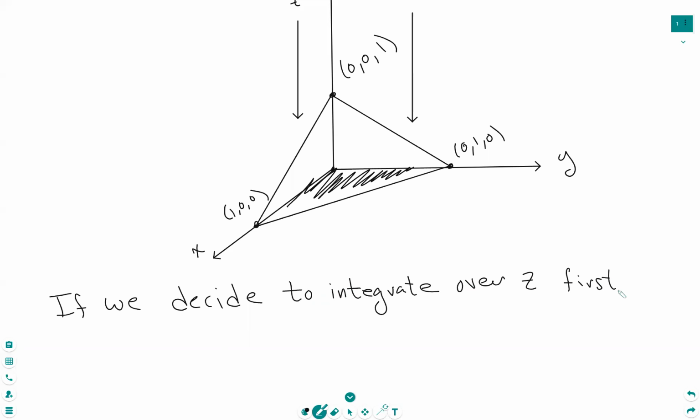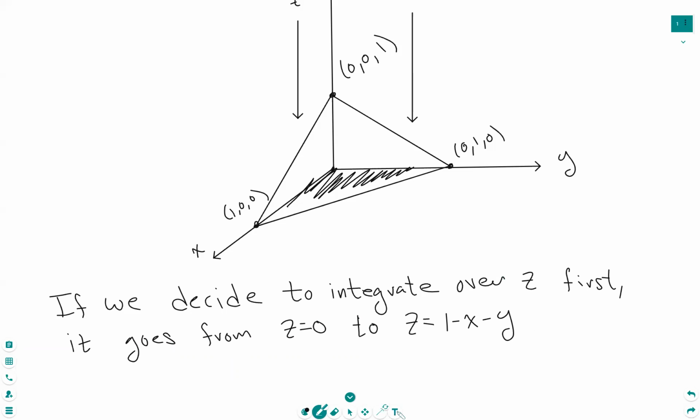We're going to do the Z one first. So we're projecting to the XY plane. It goes from Z equals 0 to Z equals 1 minus X minus Y.